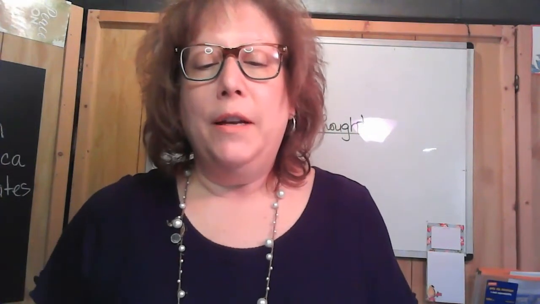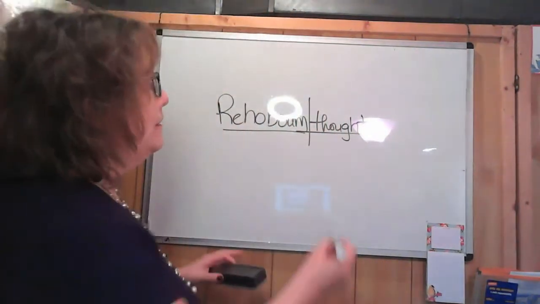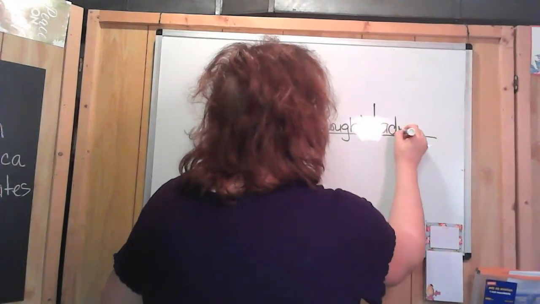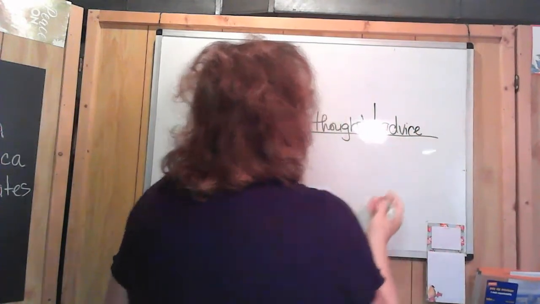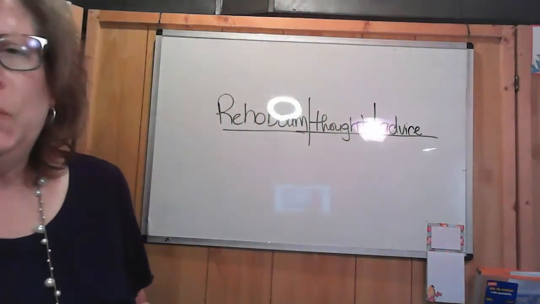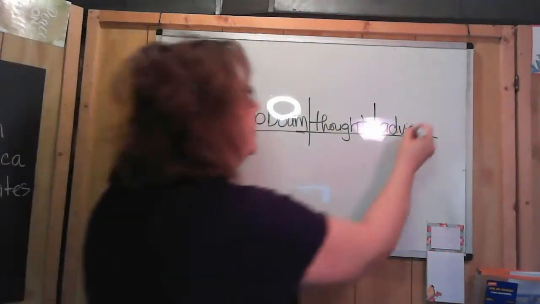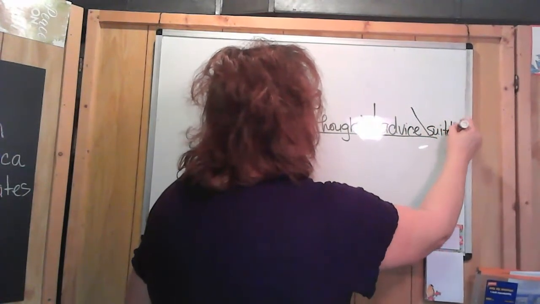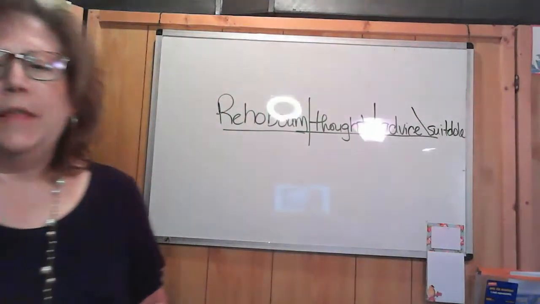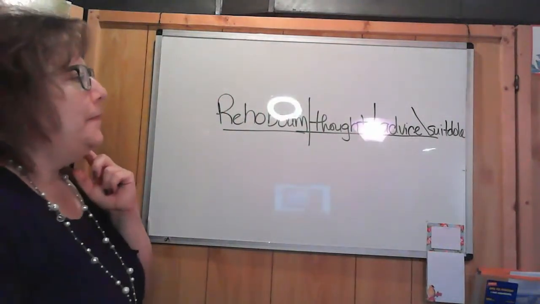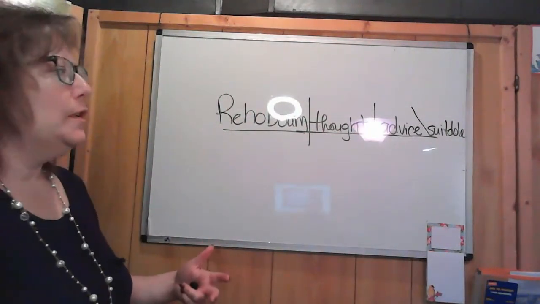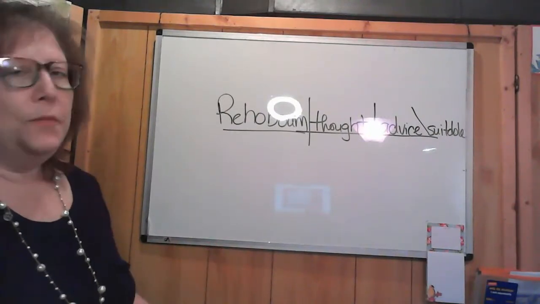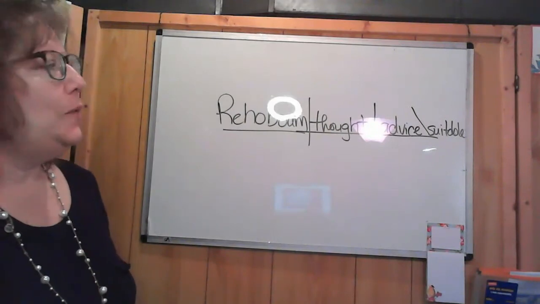Well, he thought advice. But then we have that additional word that's giving us more information, and so we're going to put suitable here. And that would be how you diagram that. Now, I don't know if you've already done homework on this or not, but I did want to go over this just in case you hadn't.